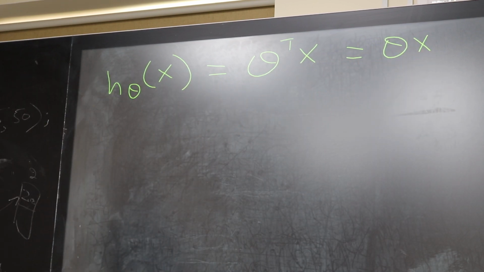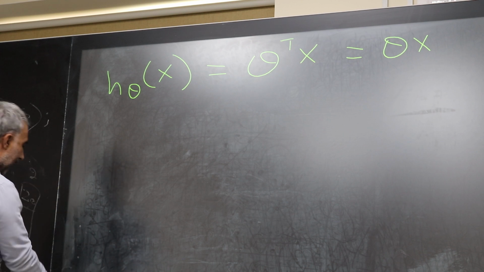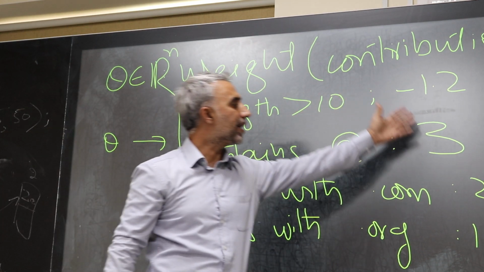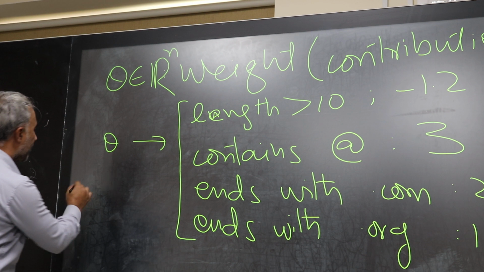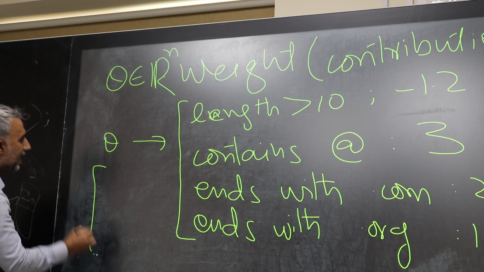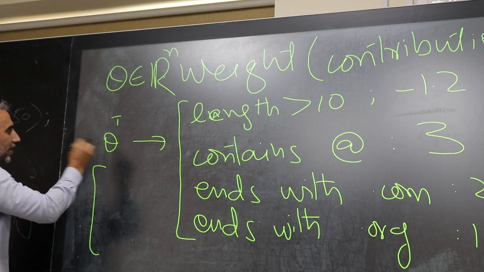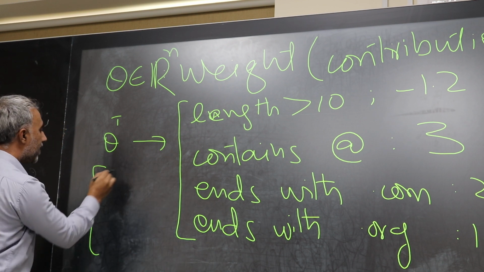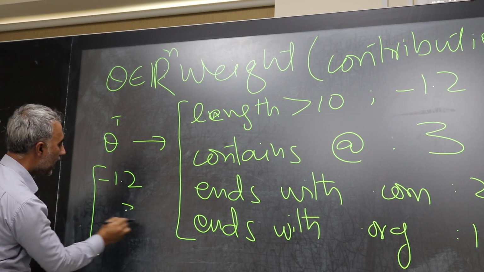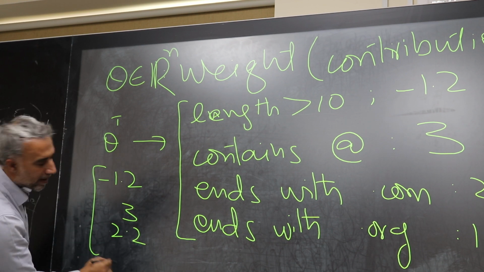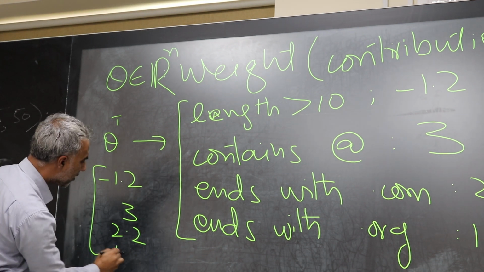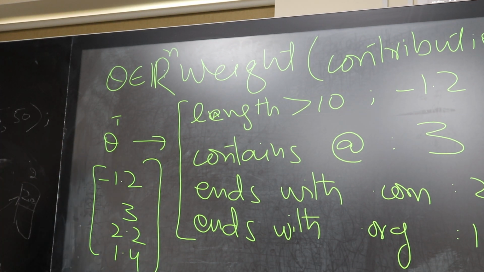You should not be worried, because now we have this, also a kind of vector. In transpose, you can mention minus 1.2, 3, 2.2, and 1.4. So these weights are contributing in terms of email weights with some features.